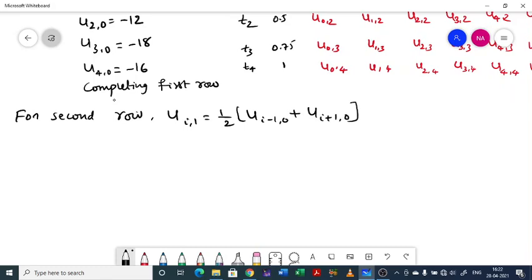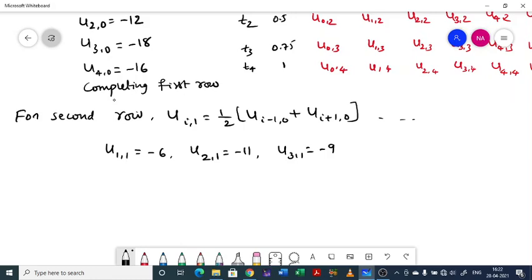So using this you can compute the second row. Similarly for next rows you have to use the formula. These values you can compute later. u 1, 1 you get minus 6, u 2, 1 you get minus 11, u 3, 1 you get minus 9. So that completes the second row.